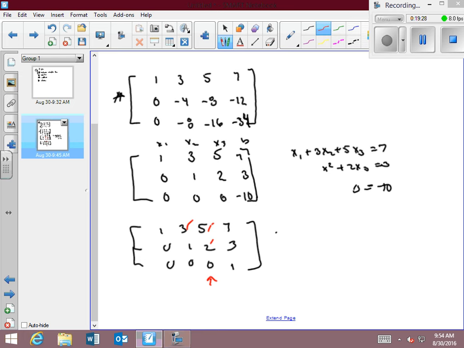Does that make sense? Anytime you have a row that your last column to the right has got a number in it and zeros every place else, you'll have an inconsistent equation. And I hope this thing makes sense why it is. I mean, it's just logical why it is.